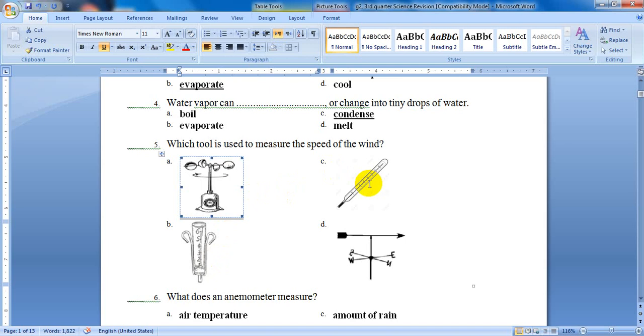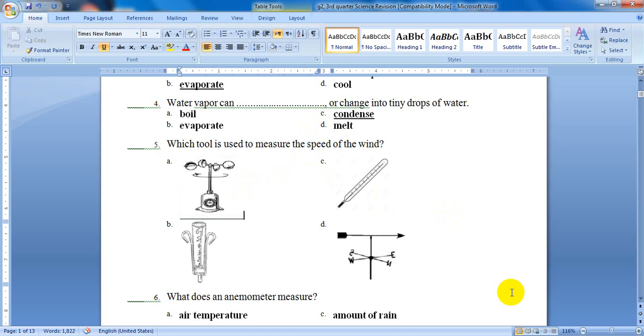A thermometer is a tool which is used to measure temperature, or how hot or cold something is. What about a weather vane or a wind vane? It's a tool which is used to measure the direction of the wind. So, the speed of the wind is measured by a wind vane, or as we called it, an anemometer.